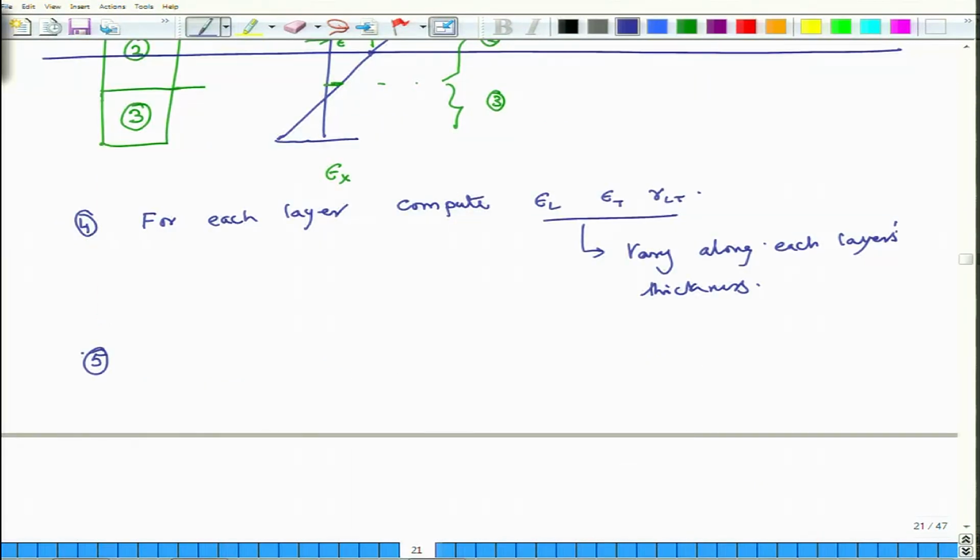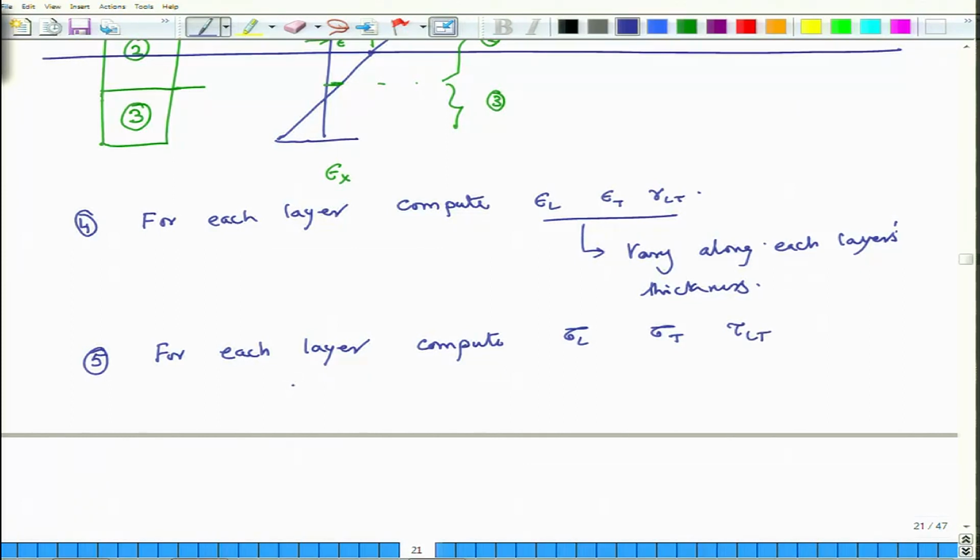Fifth, once we have calculated epsilon L, epsilon T and gamma LT, then for each layer we compute sigma L, sigma T and tau LT.